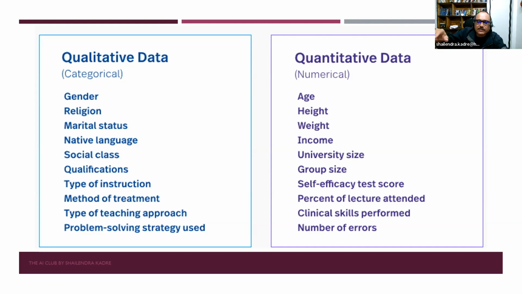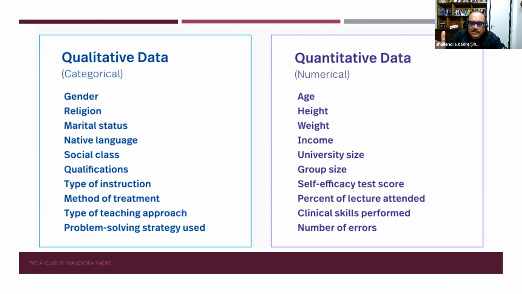Maybe you scored 80 out of something, you got an IQ score of 80. I'm just giving an example. It may not be realistic. So that is quantitative. Then percentage of lectures attended, like in some colleges, 75% attendance was mandatory, but you attended 85% of the lectures. So that is all quantitative data.